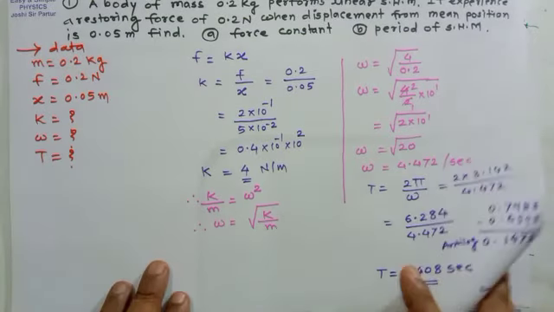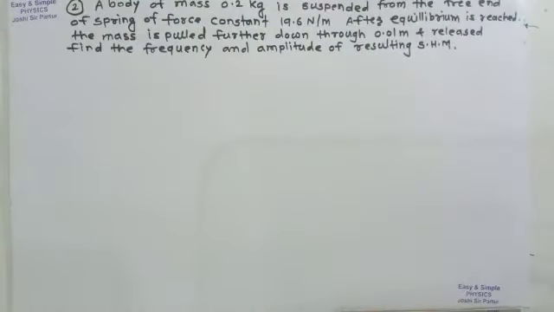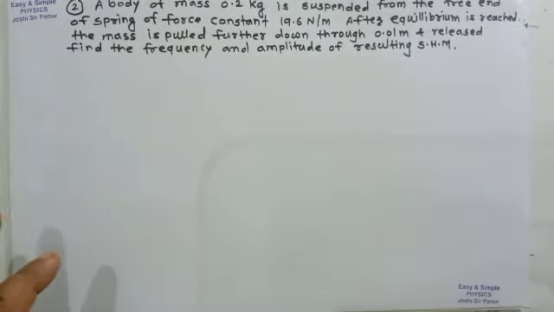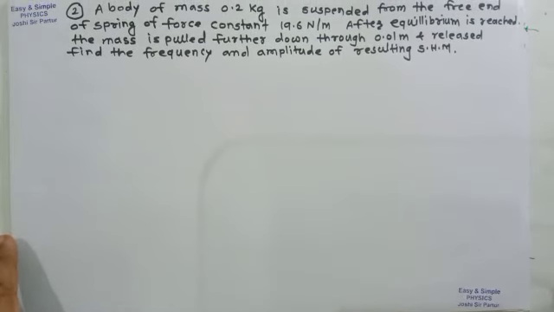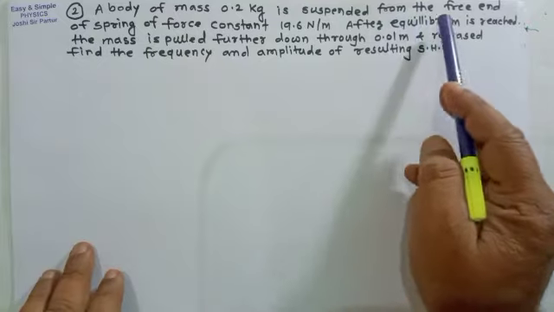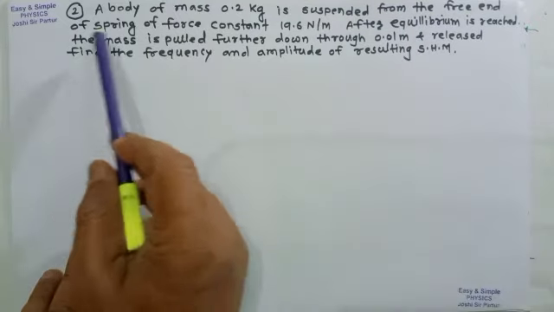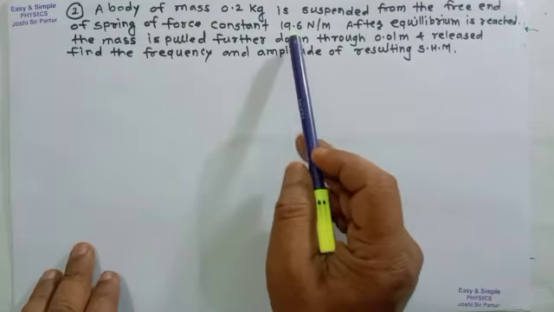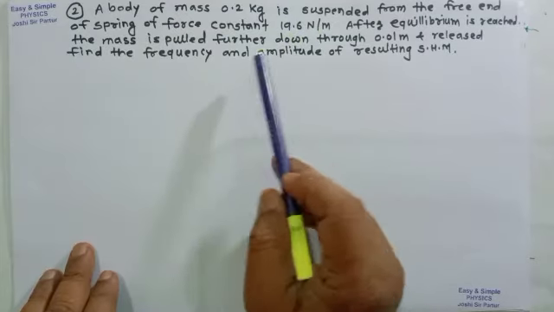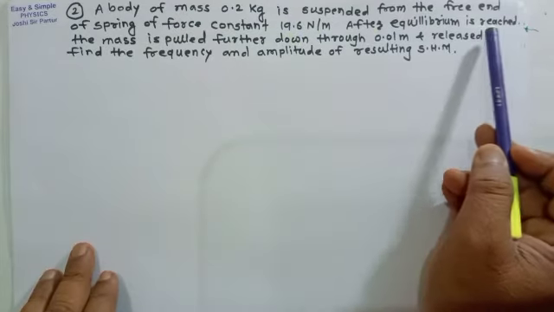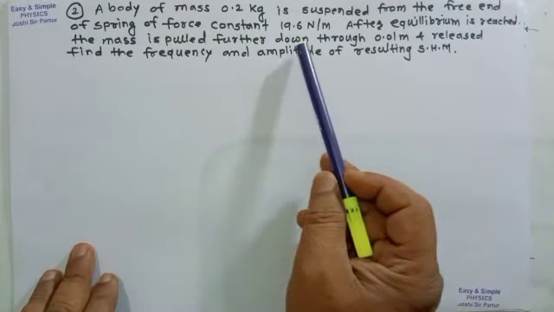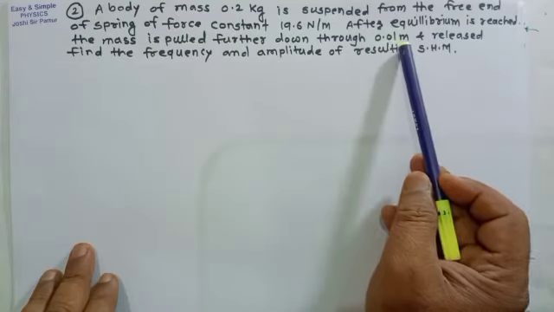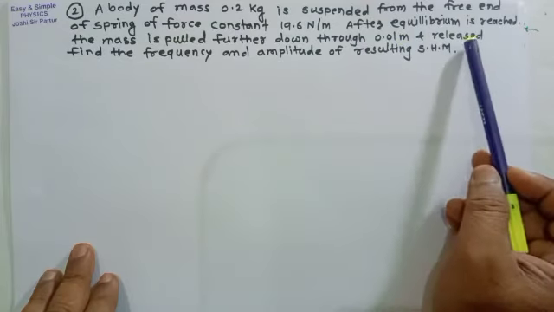So for the second example, we can write here: a body of mass 0.2 kg is suspended from the free end of a spring of force constant 19.6 Newton per meter. After equilibrium is reached, the mass is pulled further down through 0.01 meter and released.